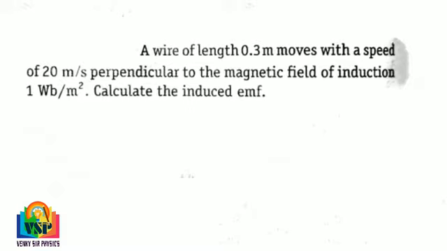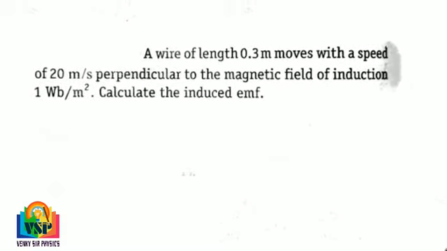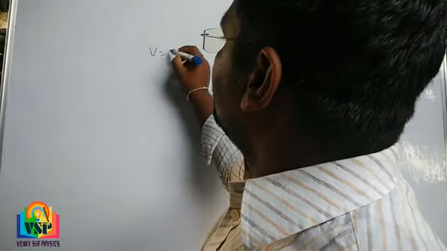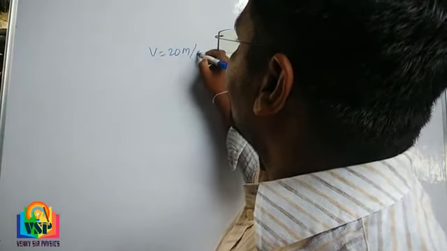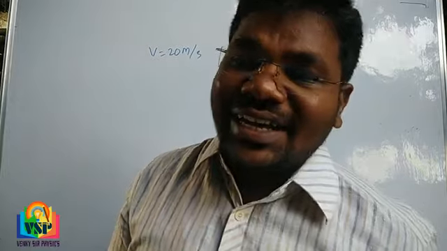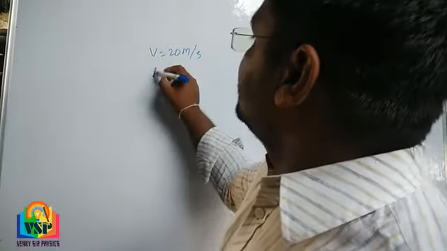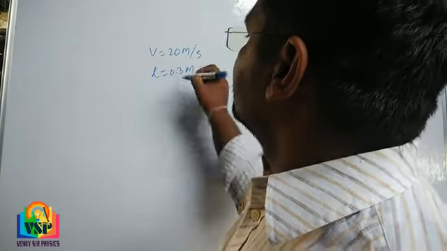Coming to the problem, they have given the velocity of the wire, V is equal to 20 meter per second, and length is 0.3 meters.